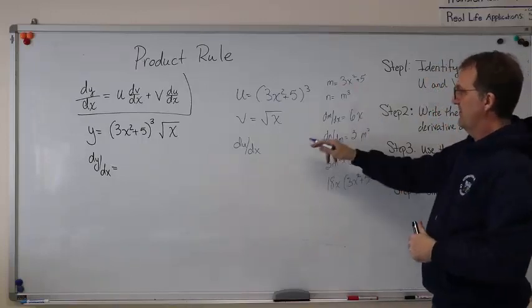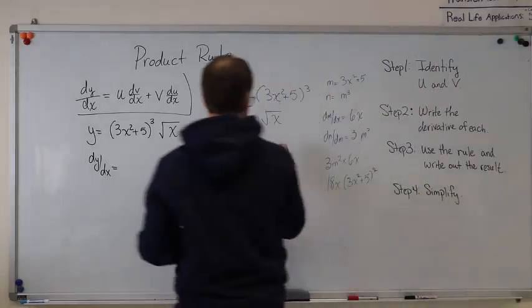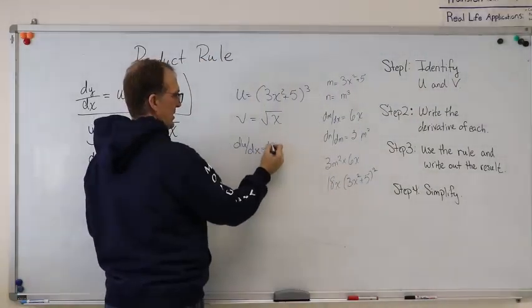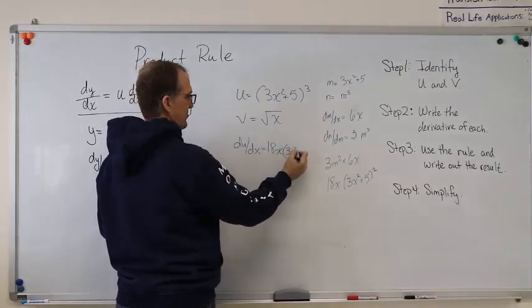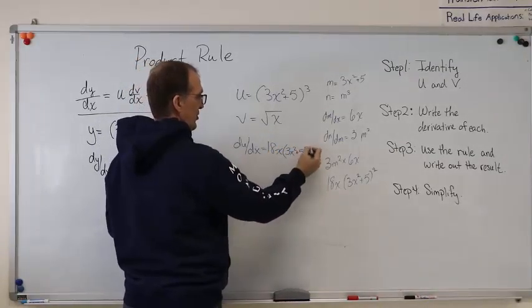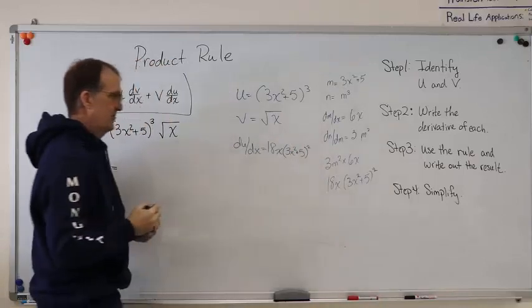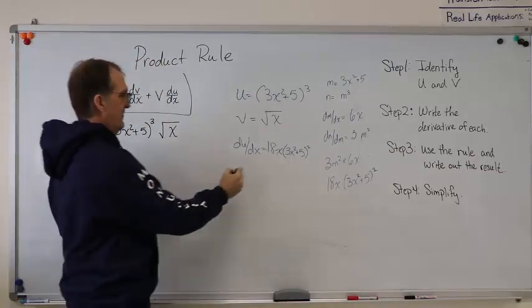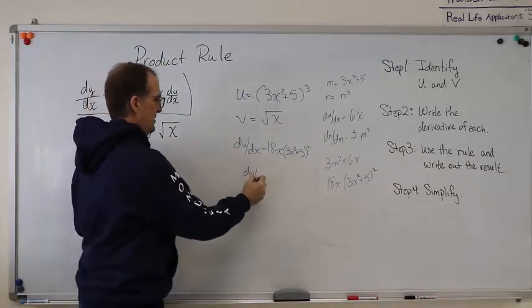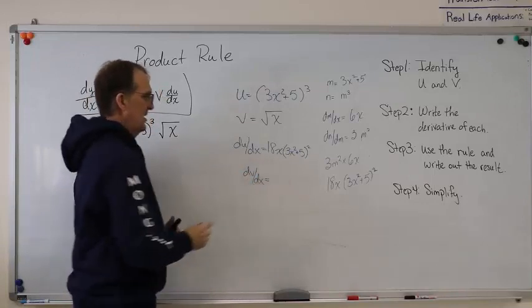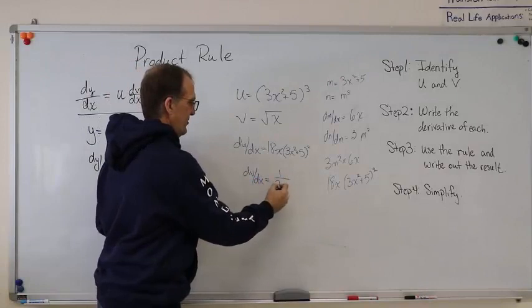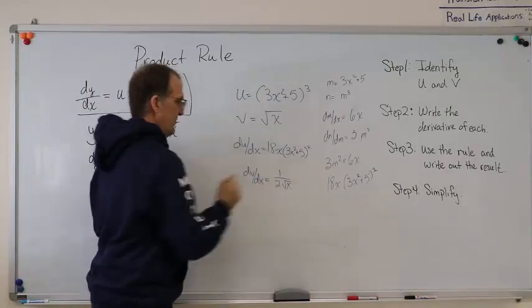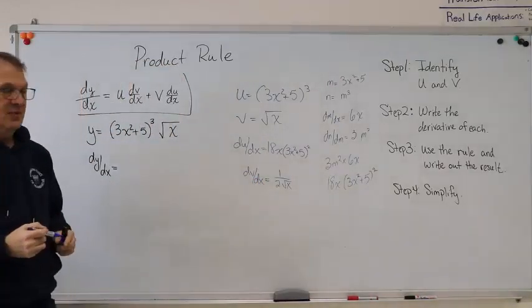So there's my derivative of u: 18x times (3x squared plus 5) squared. And then my derivative of v, the square root of x, we've done a few of these before. It is 1 over 2 the square root of x.